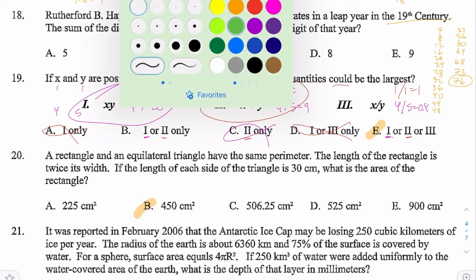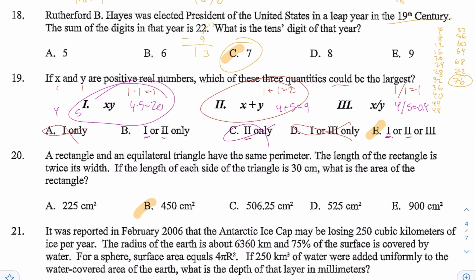Then you want to find another set of numbers in which 3 could be the largest. So remember, they have to be positive real numbers, but they could be decimals. If y is 0.1 and x is 10, for choice 1, it's 10 times 0.1 or 1/10. That's equal to just 1.